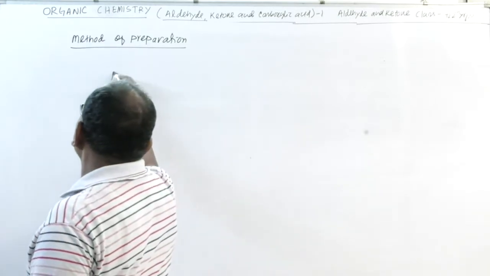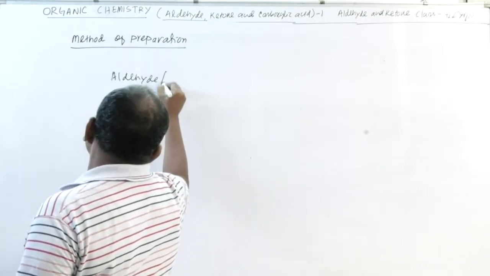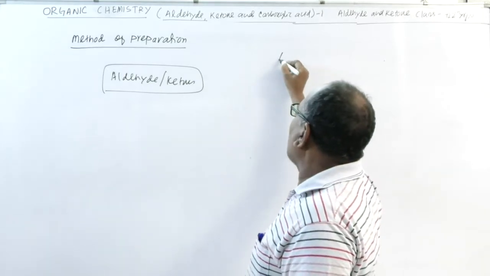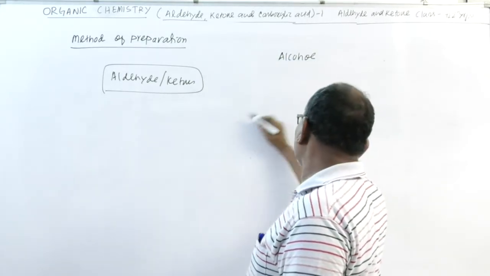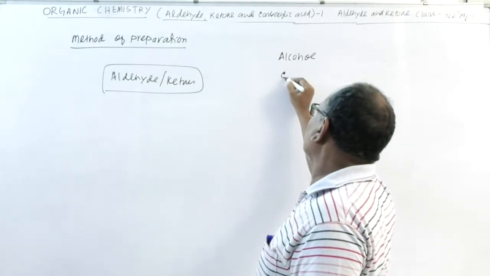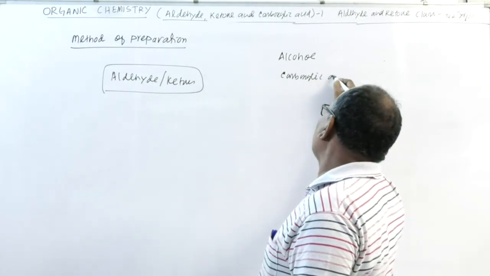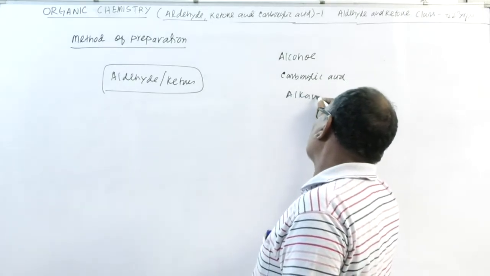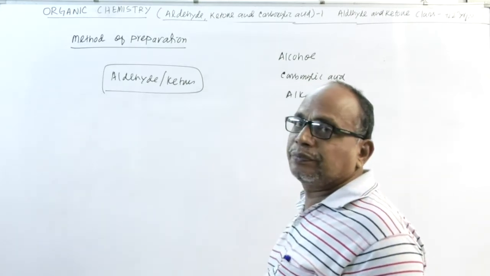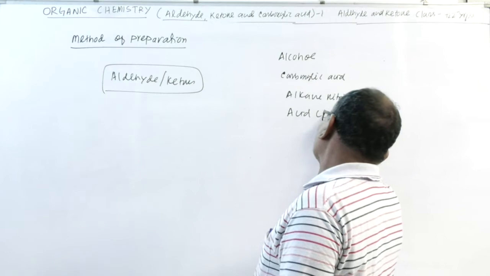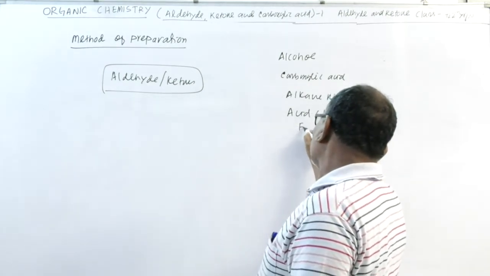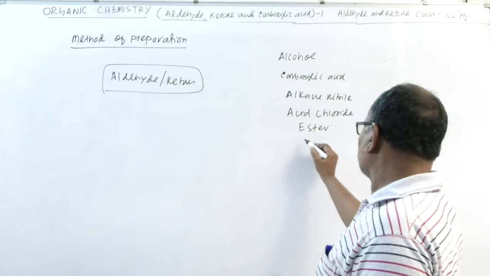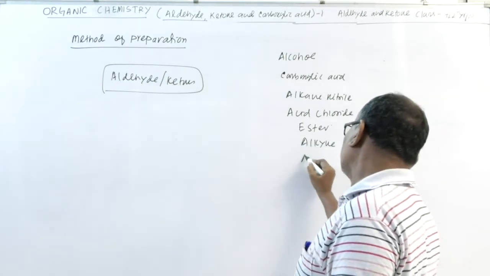The aldehyde and ketone we can synthesize from alcohol, carboxylic acid, alkane nitriles, acid chloride, ester, alkyne, alkene.